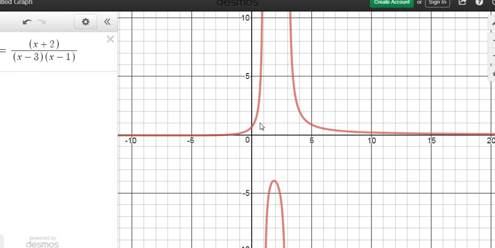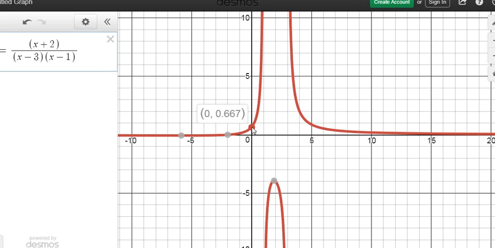All right, so there's lots of things happening here. Now, what does this graph look like if you just have the equation? Well, you can find out a couple things. You can find out where your vertical asymptotes are, no problem. You can also find out where your y-intercept is pretty easily by letting x equal 0. In that case, that's going to be 2 divided by negative 3 times negative 1, which is 2 over 3.